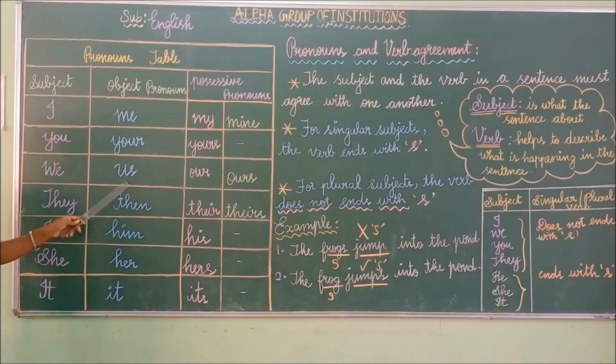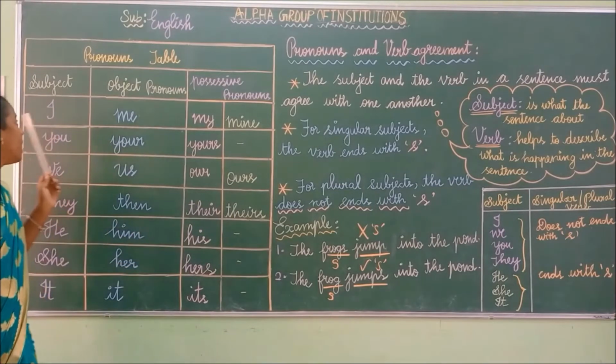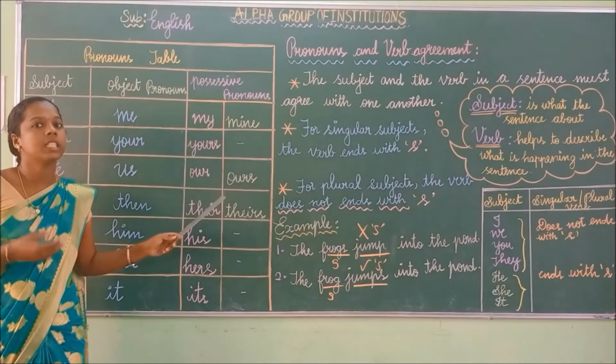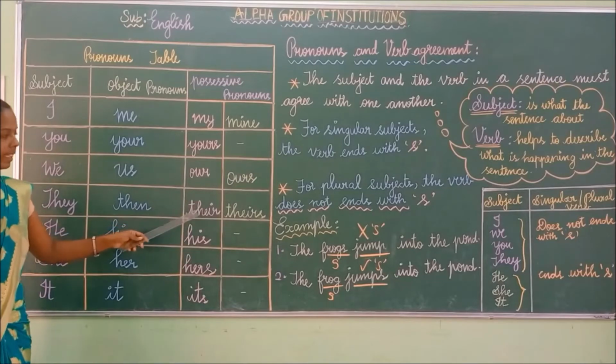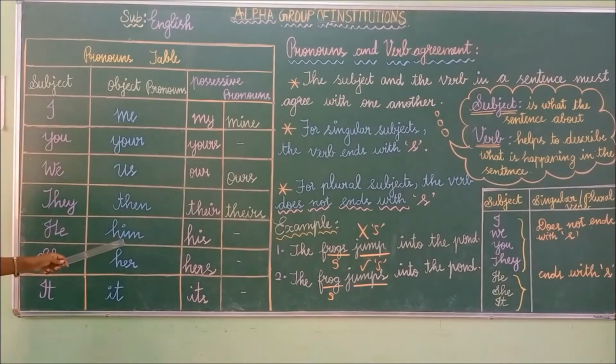"We", "us". In object pronoun, "we" changes into "us". The possessive form of "we" is "our" or "ours". "They" changes into "them", "their", "theirs". "He" changes into "him".